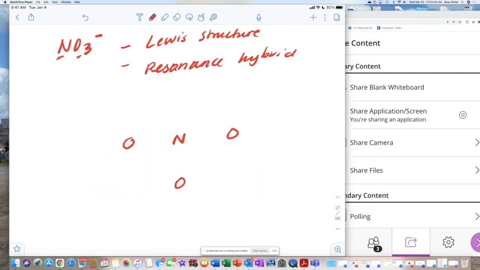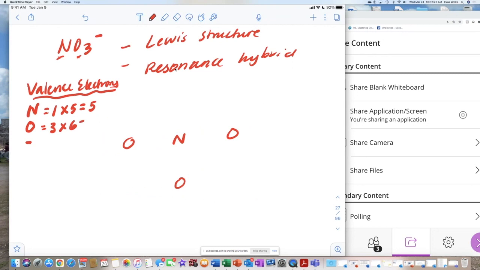Okay, let's see. Now I have to count the number of electrons I have. So I need my valence electrons. I'll do it on the side over here. I have nitrogen in the compound. I have oxygen, and I have a negative charge. I have 1 nitrogen. Nitrogen is in group 5. So that gives me 5 electrons. I have 3 oxygens, which are in group 6. That gives me 18 electrons.